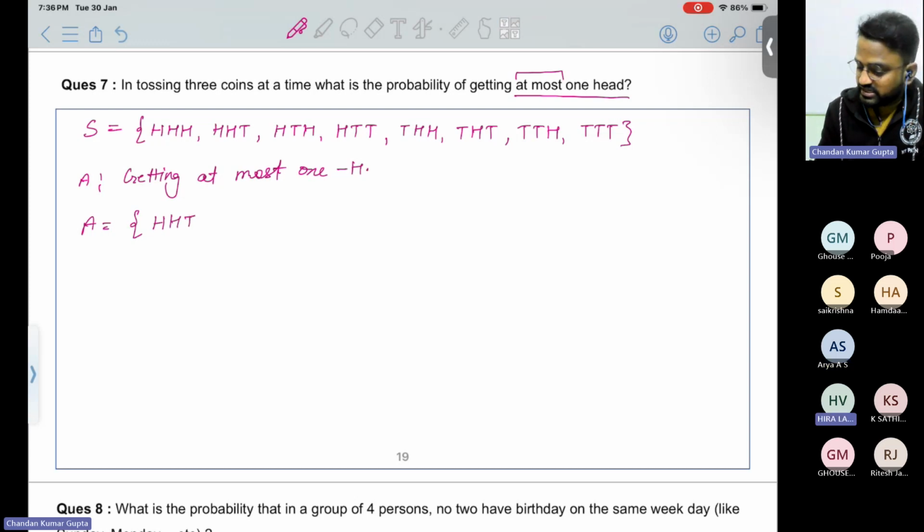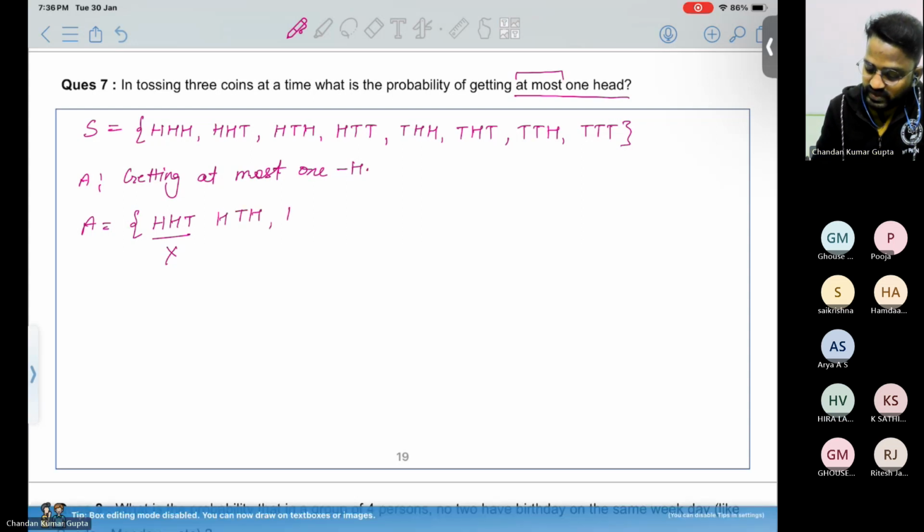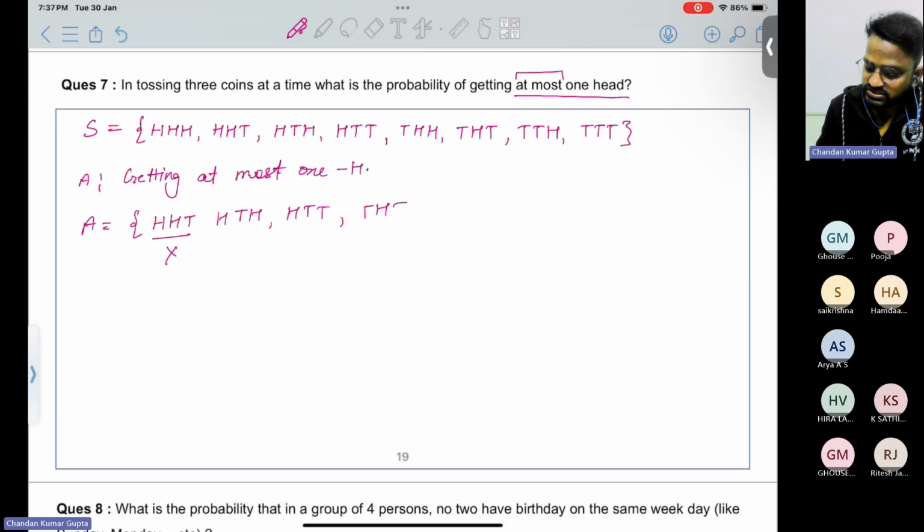HHT. Is it right? No, exactly. HTT, and because there is THH, yes. HTH. HTT. Then THT. And the last one is, anyone?